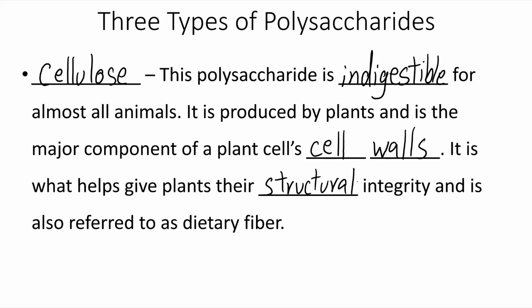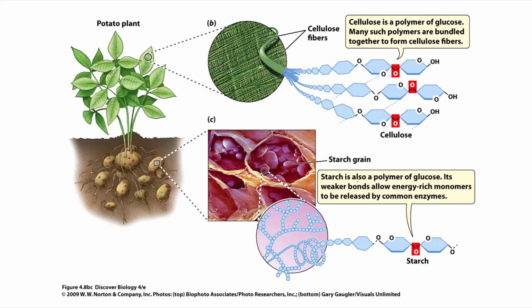So even though we cannot digest cellulose, it is a regular part of our diet when we consume plant materials, and it's actually required for our healthy digestive system that we consume plant materials regularly. So in a potato plant, we see both the cellulose, which will be in the leaves and stems, and even some of the other structures of the potato, but starch is the main energy molecule that will be found in the roots of the potato.